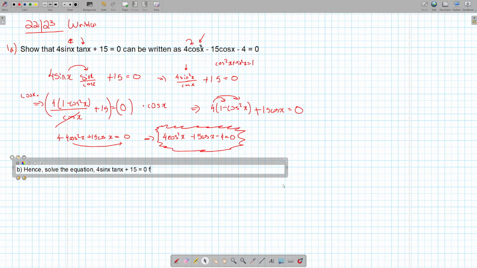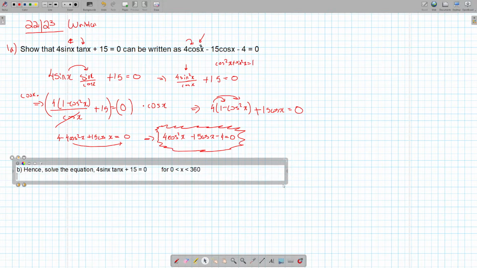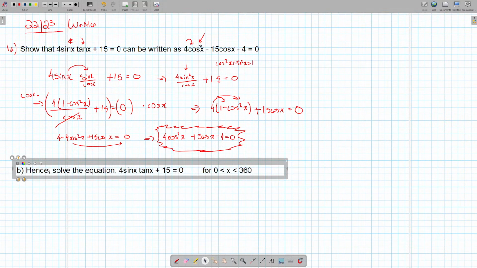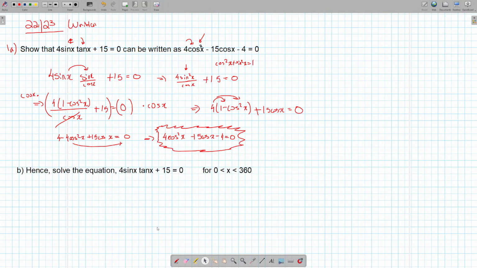And they gave us the domain, for 0 less than or equal to x less than or equal to 360. I'll fix this in a sec. Okay, so they gave us this as a domain.